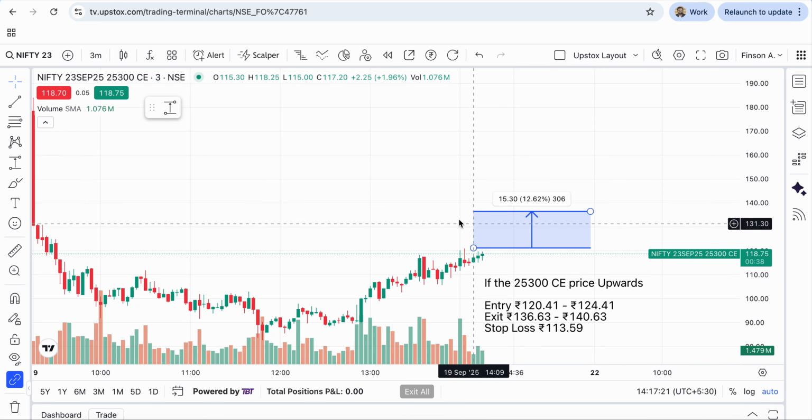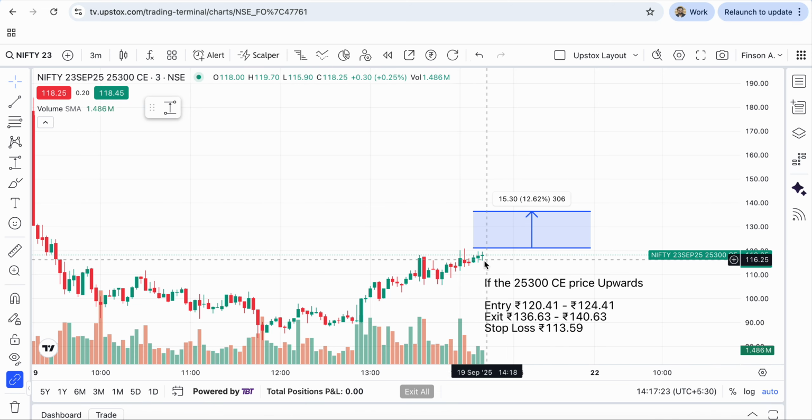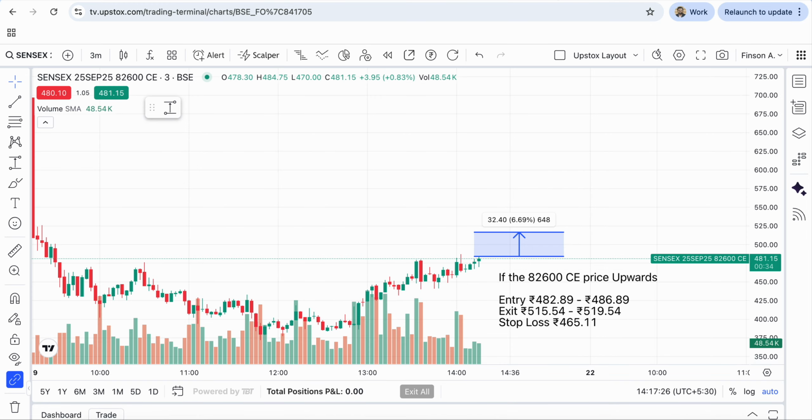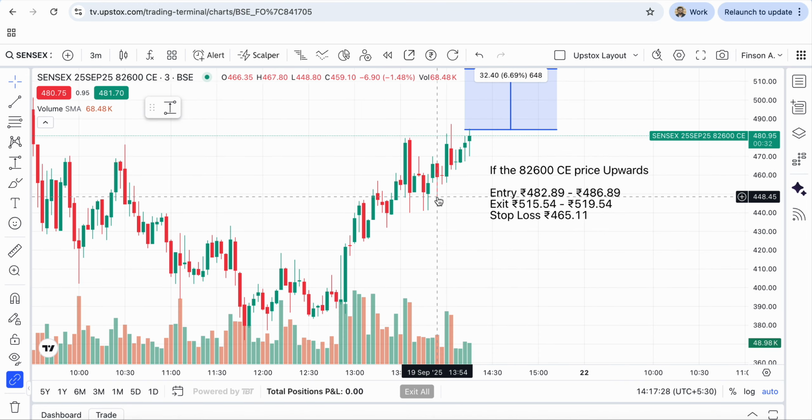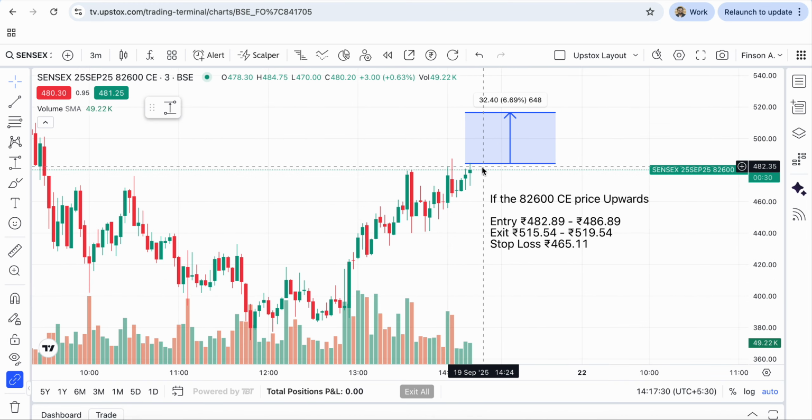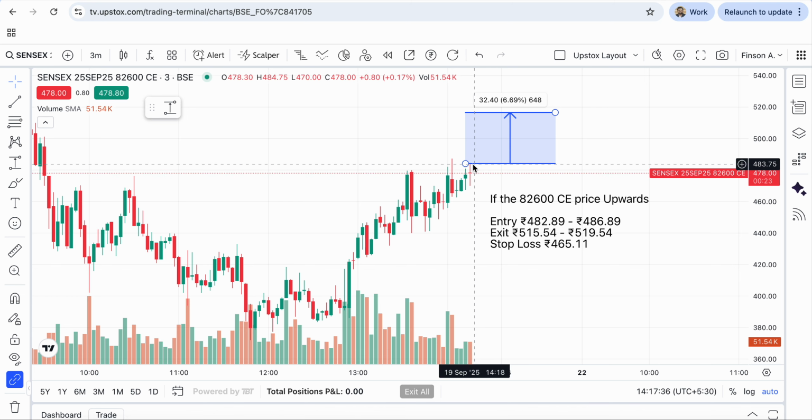This is Nifty, the first one. This is not the best time to enter the market. Here there is a small chance, as it touches the position, but it is not the best time.